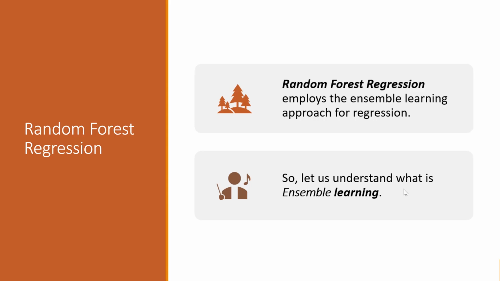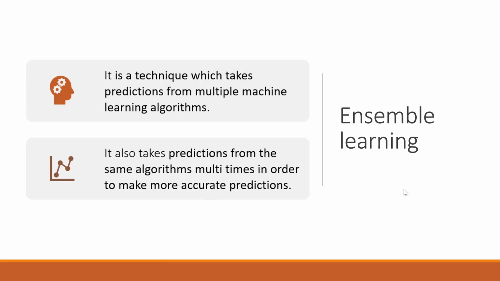So to understand what random forest is, we need to first understand what ensemble learning is. Ensemble learning is a technique which takes predictions from multiple machine learning algorithms, or we can say it takes predictions from the same algorithm multiple times in order to make a more accurate prediction. Now predictions from a single individual model might not give that accurate a result.